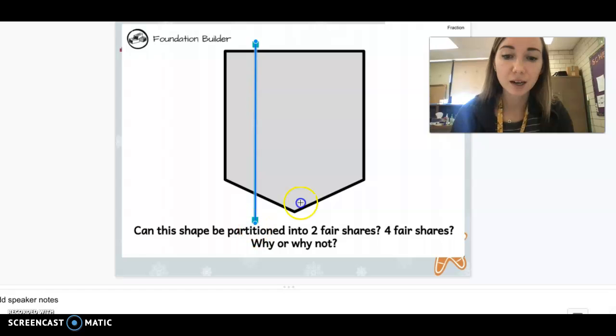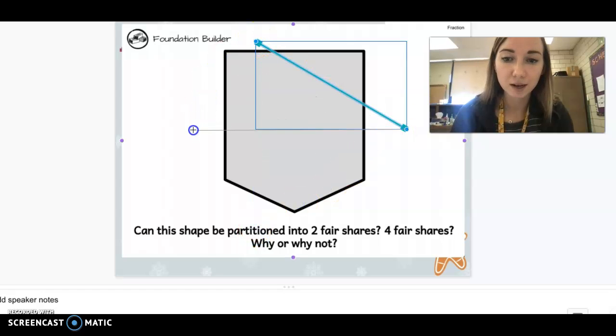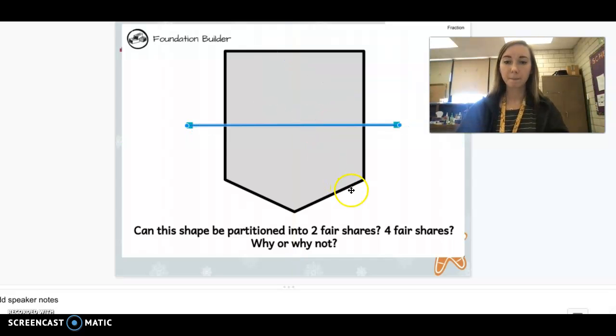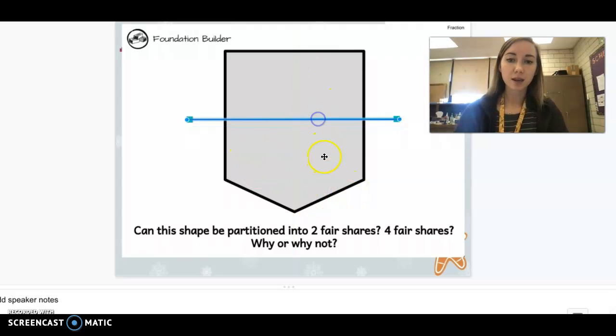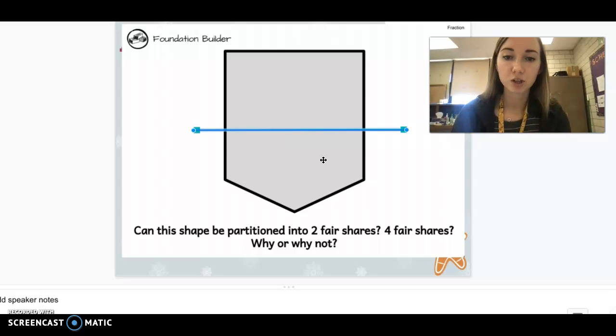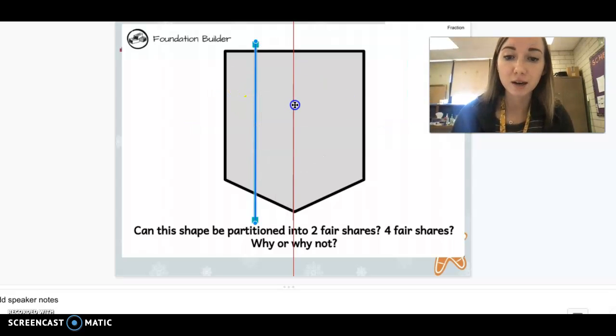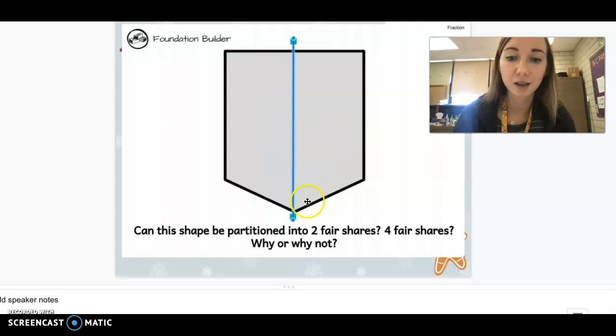What if I had started it like this right here? Are those 2 fair shares? These are not equal parts, are they? So these are not 2 fair shares, which means that was not a fraction. But if we use the vertical line here, the vertical line does let us create 2 fair shares.